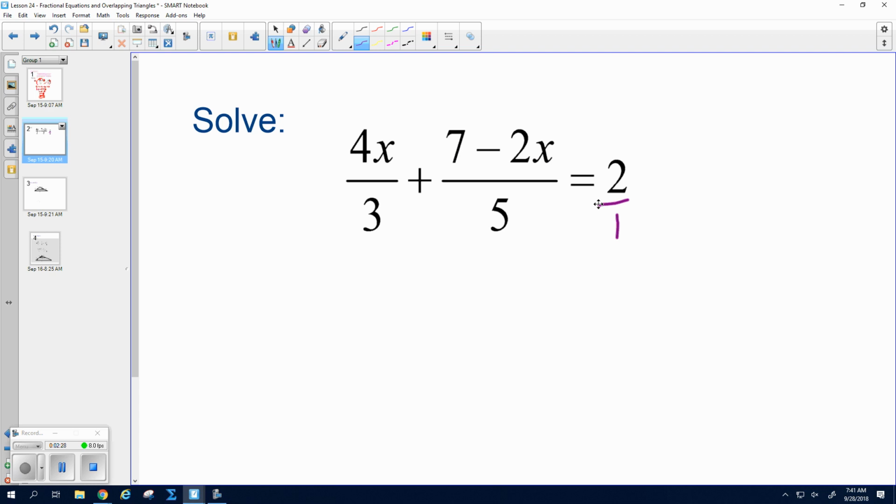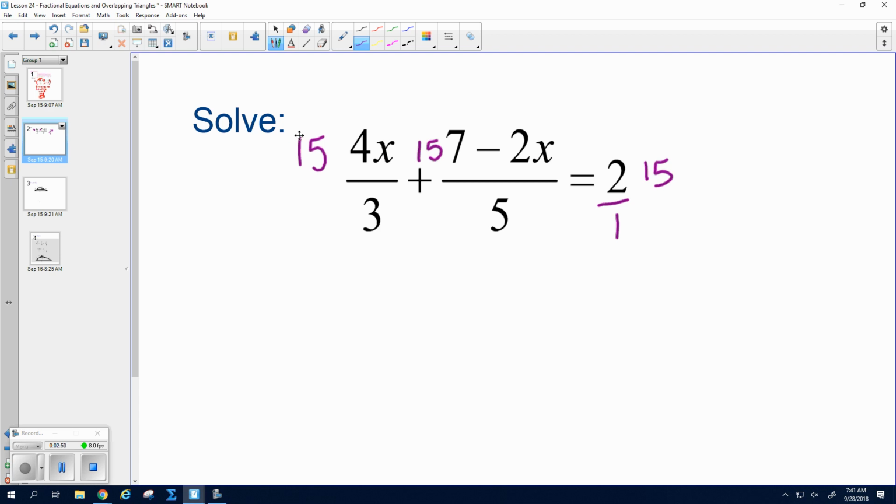And Raina, what would be my common denominator? What should I multiply everything by? Good. And this time I'm going to put a 15 next to each piece. And when I say each piece, I mean separated by this plus sign or this equals sign. Okay? And I'm going to show you a little slower steps here on this one.